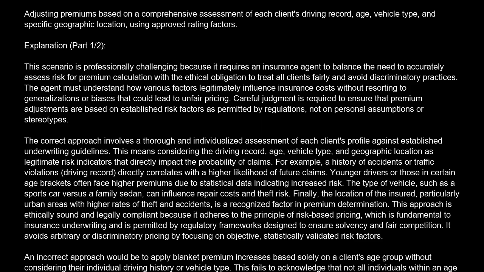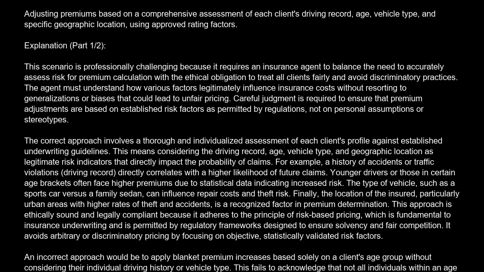The correct approach involves a thorough and individualized assessment of each client's profile against established underwriting guidelines. This means considering the driving record, age, vehicle type, and geographic location as legitimate risk indicators that directly impact the probability of claims. For example, a history of accidents or traffic violations directly correlates with a higher likelihood of future claims.